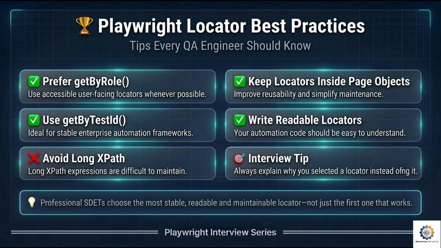Avoid writing long XPath expressions unless absolutely necessary. Keep all locators inside your page object classes and write readable automation code. Remember, professional SDETs don't choose the first locator that works. They choose the locator that makes the framework stable, maintainable, and scalable.